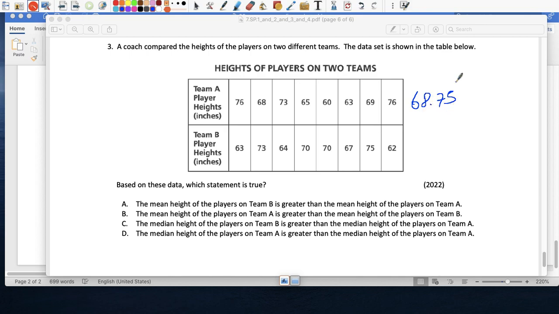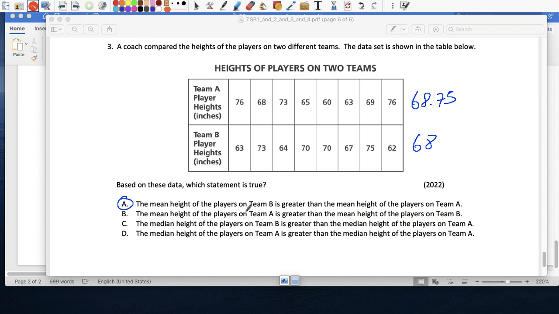And the bottom one, 63 plus 73 plus 64 plus 70 plus 70 plus 67 plus 75 plus 62. Enter, divided by 8 again, 68. The mean height of the players of Team B is greater than Team A. True. So A is good.